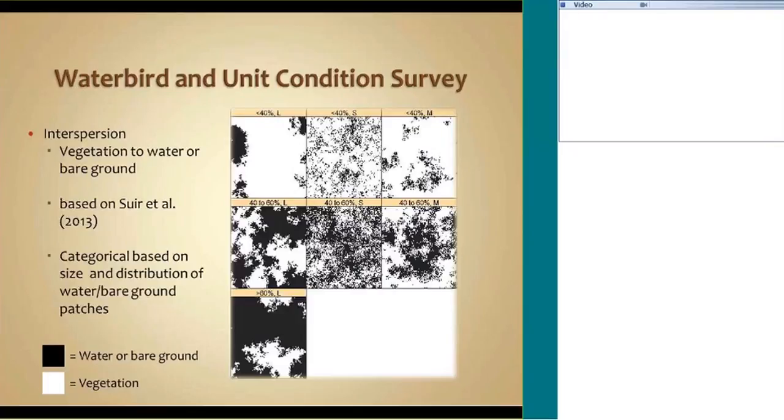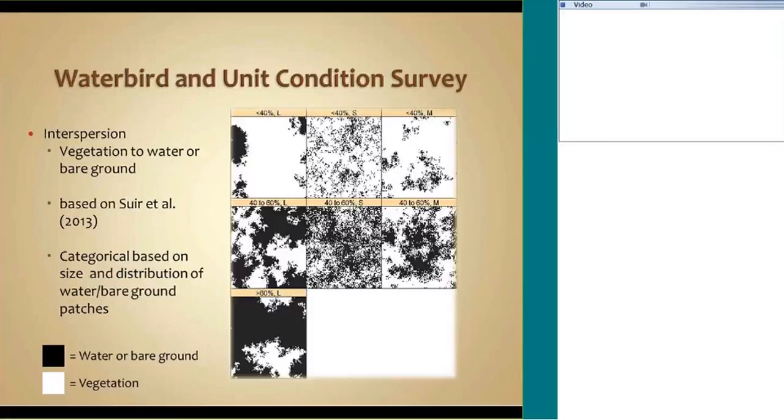It's still categorical, and it's based on the distribution of water if the unit is flooded, or bare ground if the unit's dry. So basically it's non-vegetated versus vegetated, and the non-vegetated portion can either be water or bare ground, depending on the condition of the water levels in the unit.